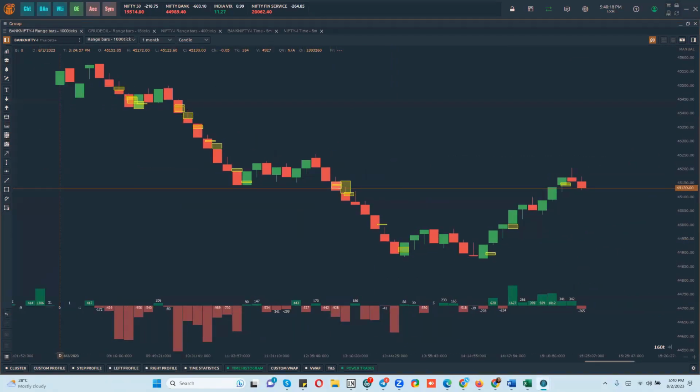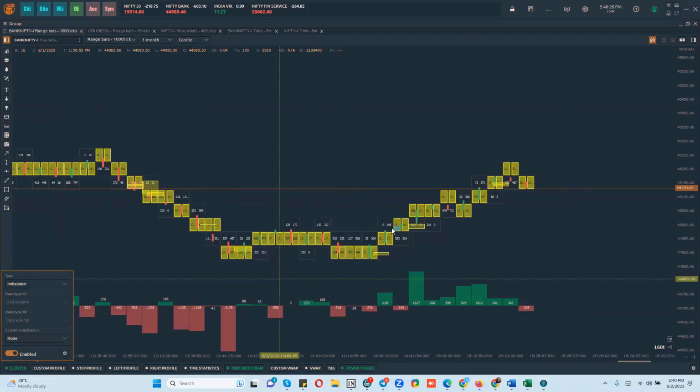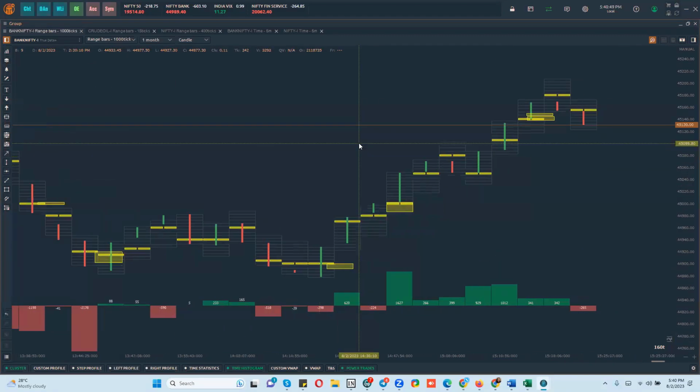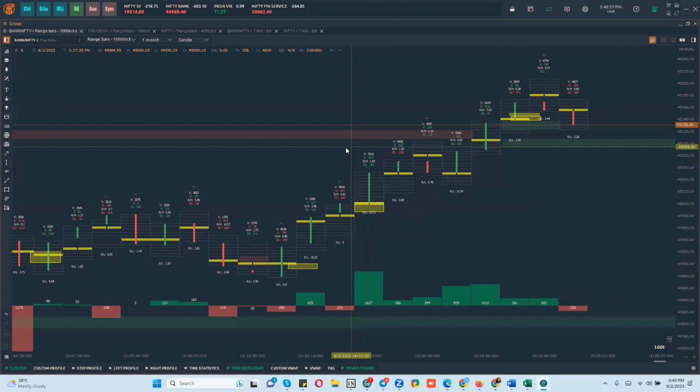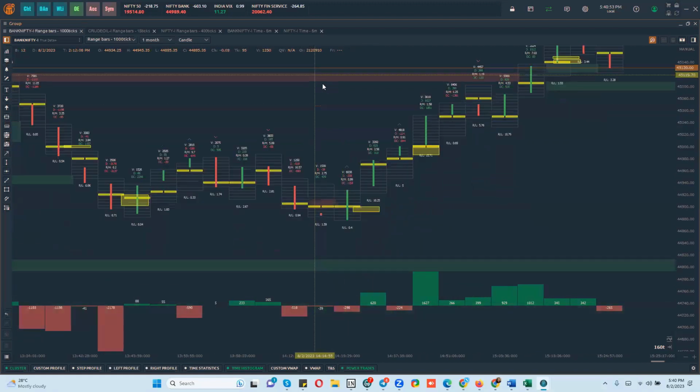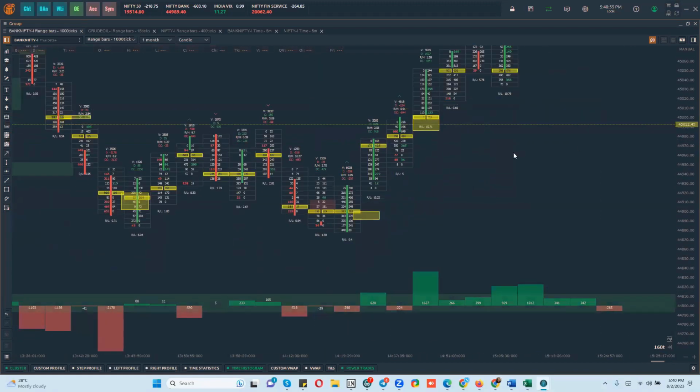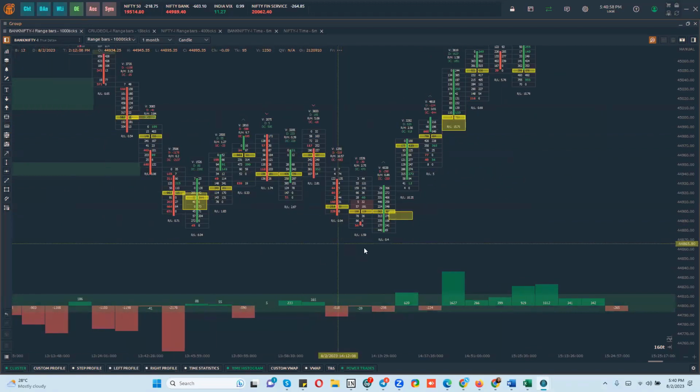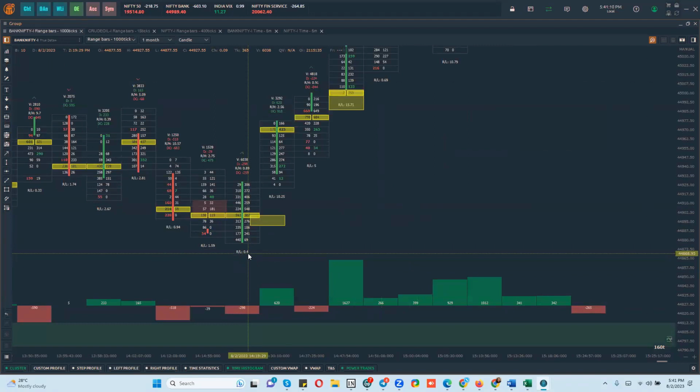So what are RH and RL values, and how to study them? Let me go back again to the cluster charts. Here you can see a small value of 0.4.